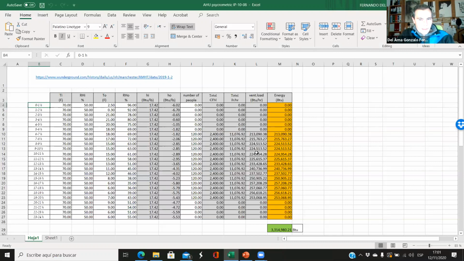How can we use this to dimension our electrical system? If we are using an electric heater or an electric chiller, this is what we are doing in the TDS center. The TDS center, we don't have boilers, we don't burn any fuel, everything is electric. And nowadays, the future is electric. I don't know, maybe in a couple of years, I change my mind.